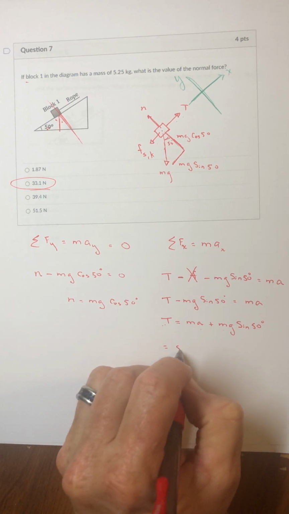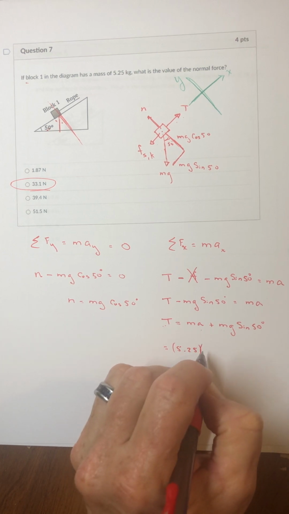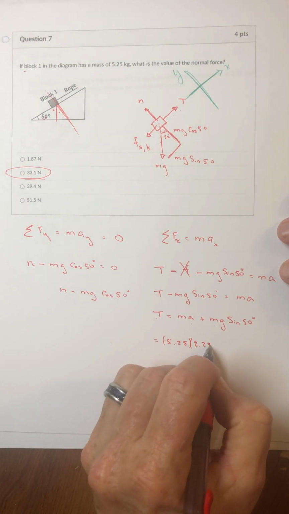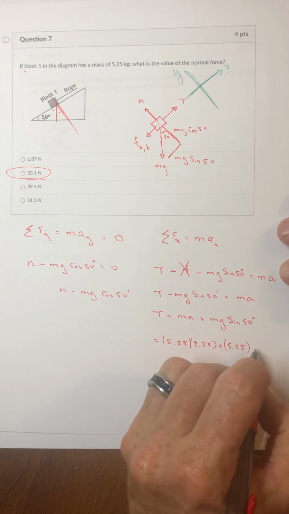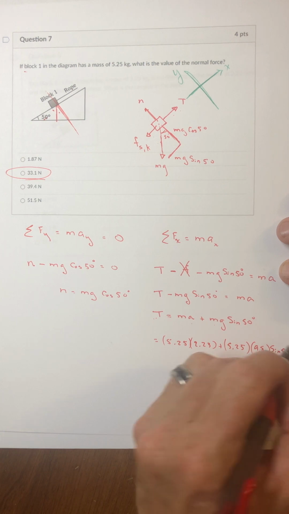So this is 5.25 times the acceleration, 2.23, plus 5.25 times 9.8 times sine of 50.